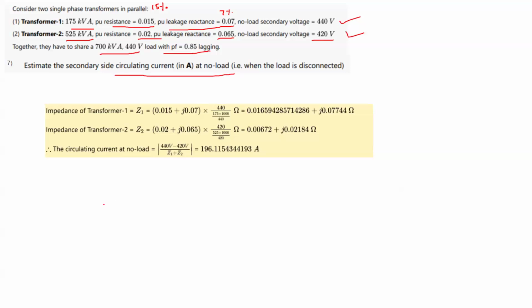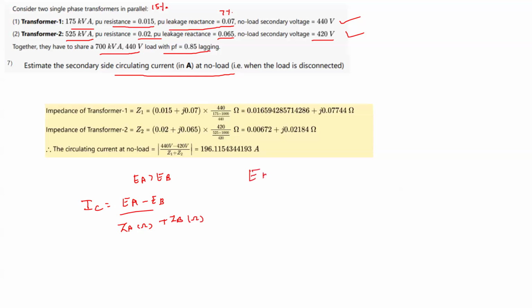This we know very well, right? This is in per unit. So for solving for circulating current, if EA is greater than EB, it is EA minus EB by ZA in ohms plus ZB in ohms.